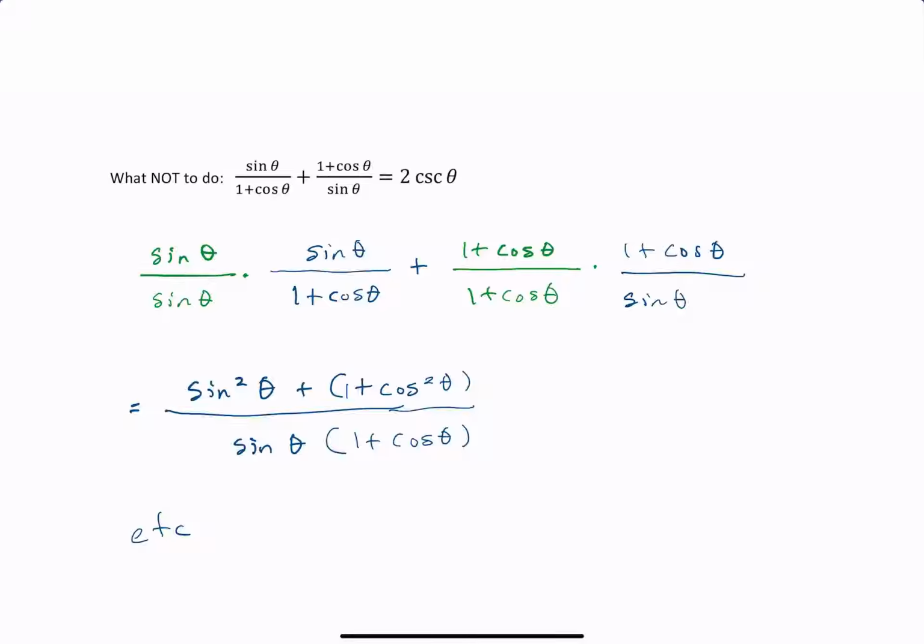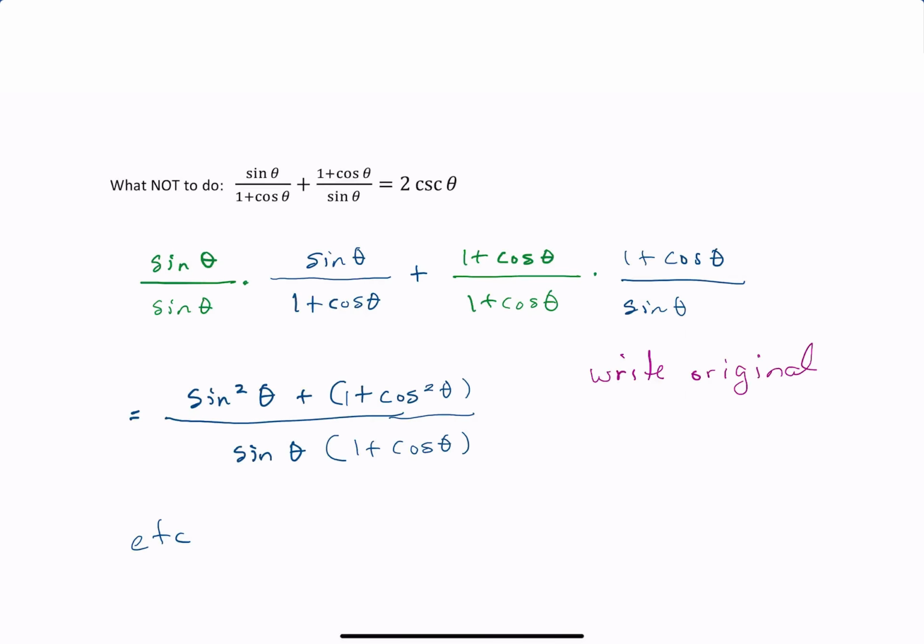We have to write down the original side without doing anything to it. It's also not proper form to just put an arrow up to it. You need to actually write it down.